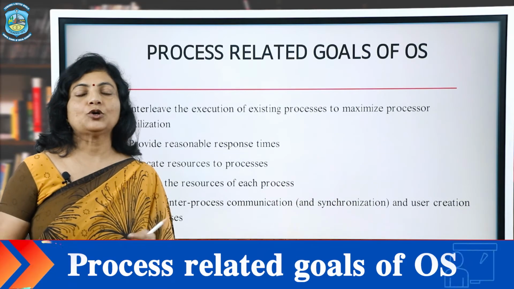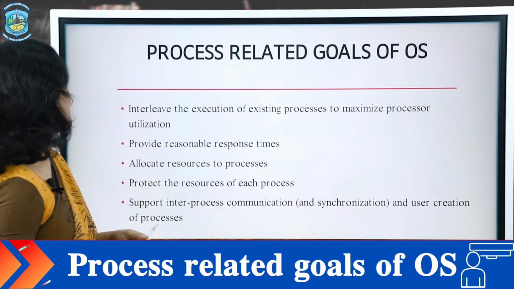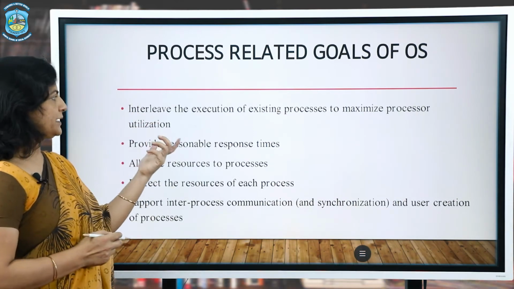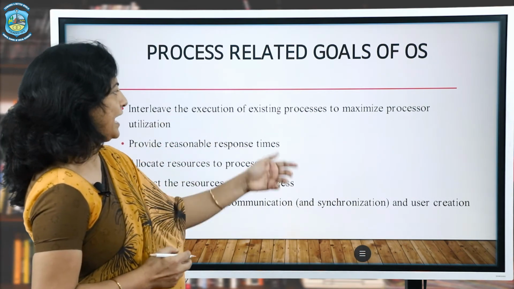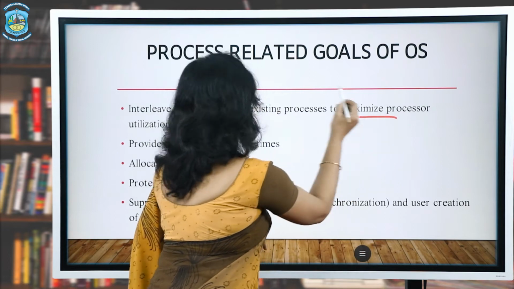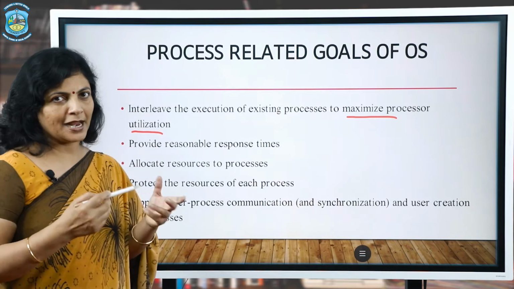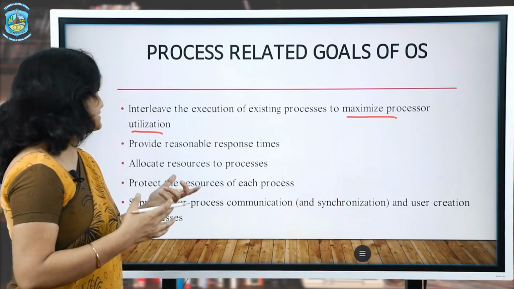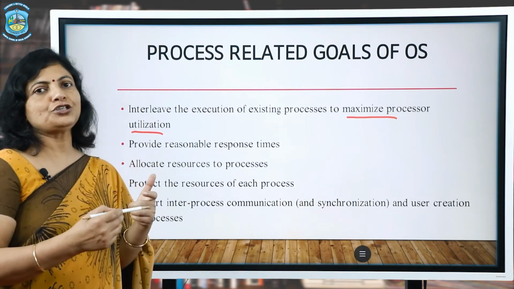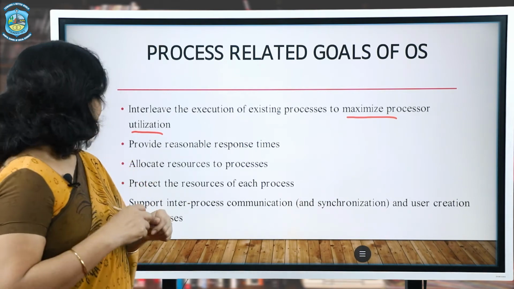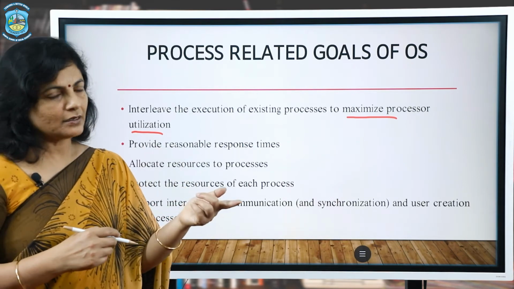Now let us see what are the goals of the operating system in process. So the very first goal of the operating system we can see here is to interleave the execution of existing processes to maximize processor utilization. As we know, the aim of the operating system is to maximize the CPU utilization. So it interleaves the execution of the processes. Secondly, it provides reasonable response times.